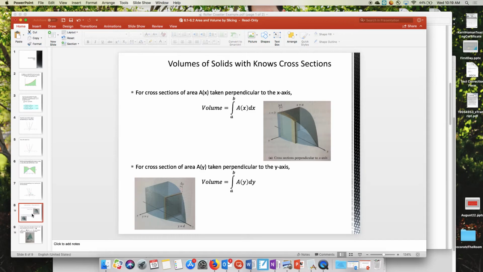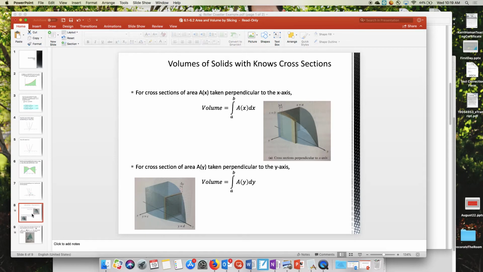If we have cross sections perpendicular to the y-axis, we integrate with respect to y. So I'm going to ask you to draw your cross section, and the base of it is always lying in your region. Okay, and we'll talk about what that length is.